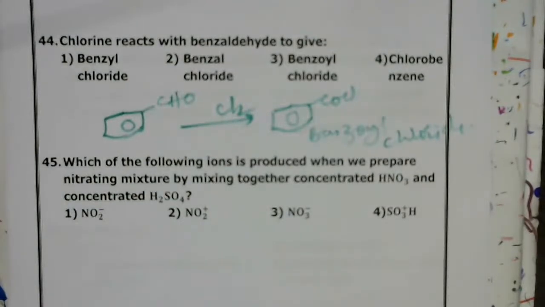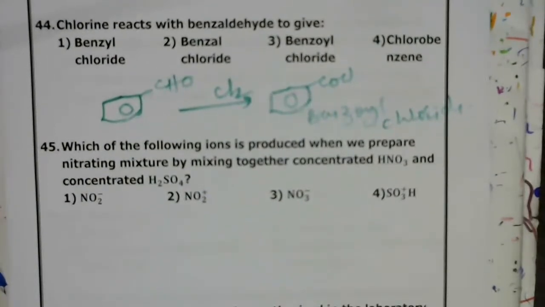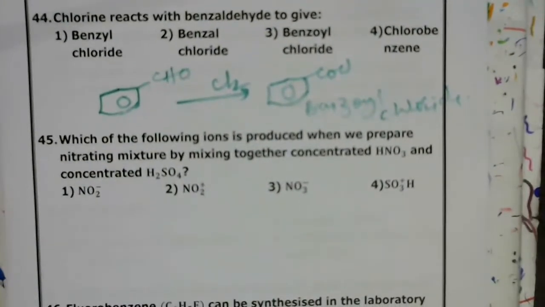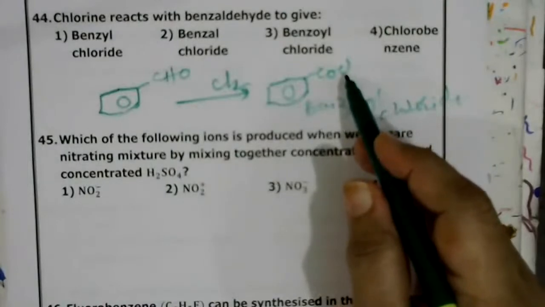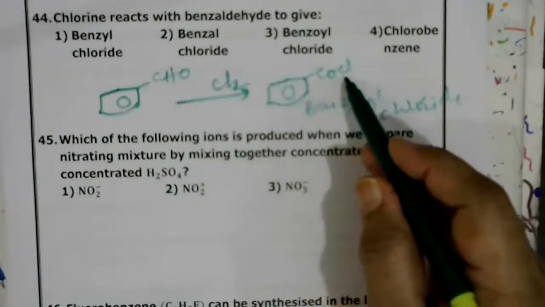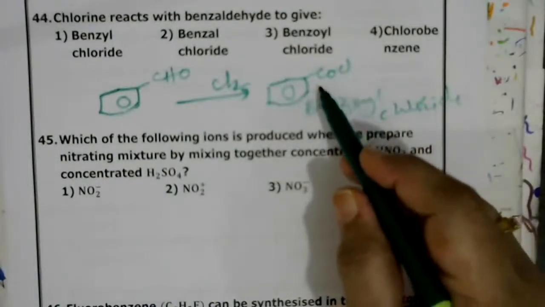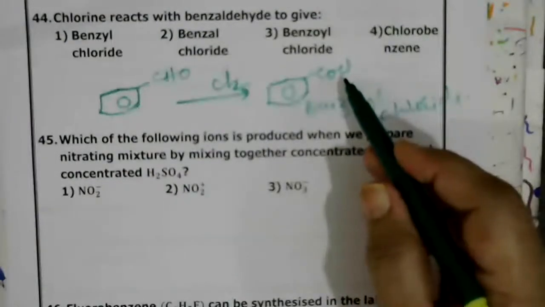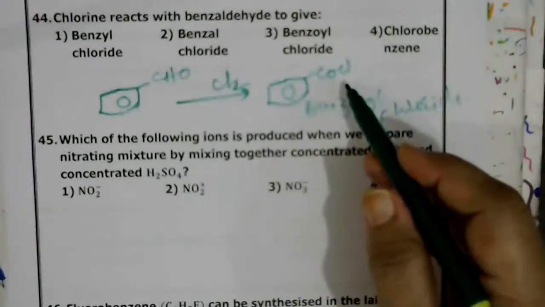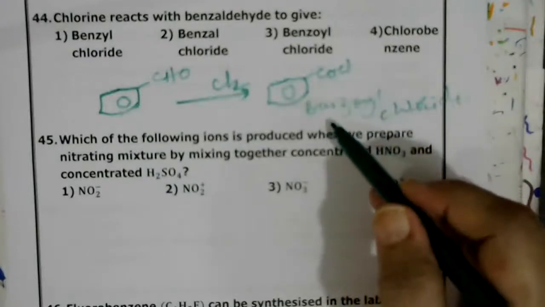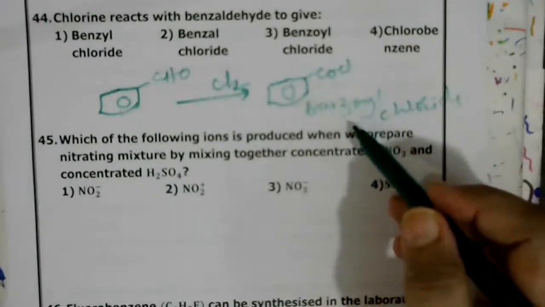What is the formula for benzoyl chloride? C6H5COCl. Benzoyl, ZOYL. When you are answering such questions, you need to concentrate on spelling, because with the change of spelling, it changes completely. That's why benzoyl chloride is COCl. Benzyl chloride is CH2Cl. Benzal chloride is CHCl2. That's why concentrate on the sentence I said. COCl is benzoyl chloride, ZOYL.